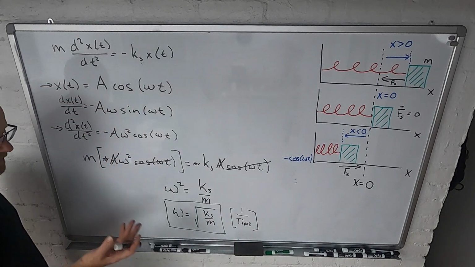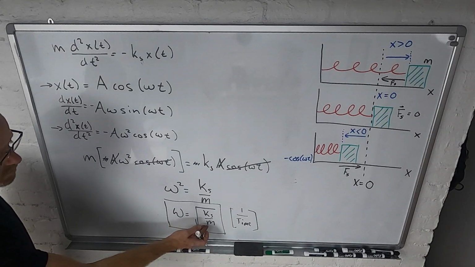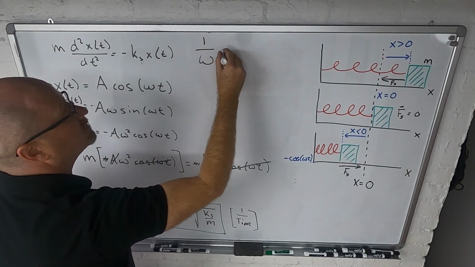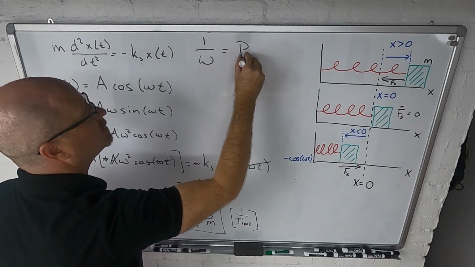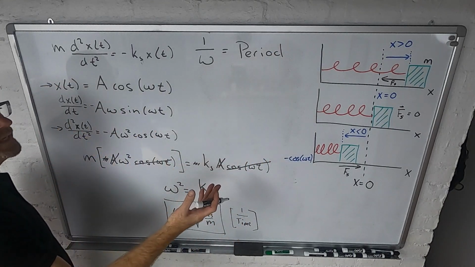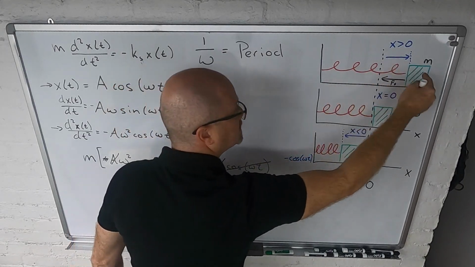Now, let's look at it. So if I take, for example, omega, 1 over omega is called something special. It's called the period. Period of the oscillation. It's how long it takes for my mass to go from here to here and back to here.